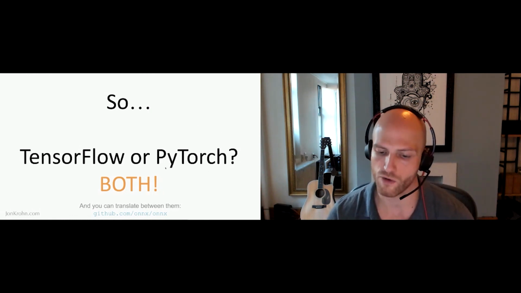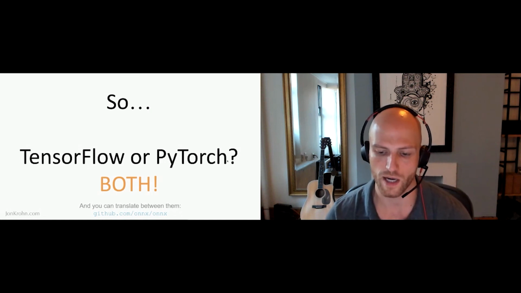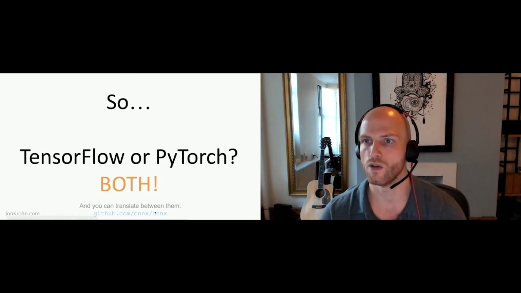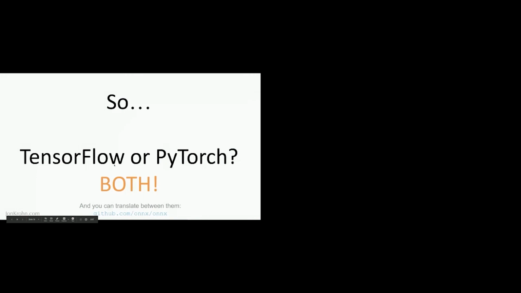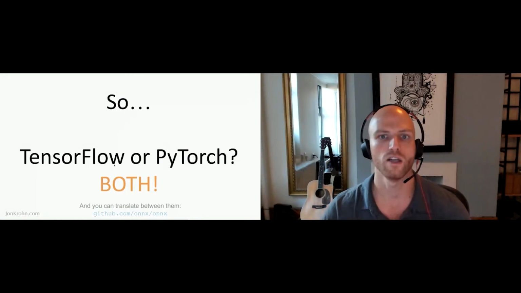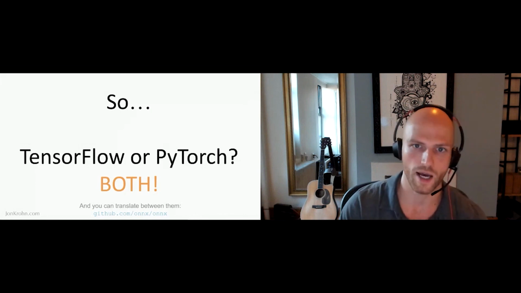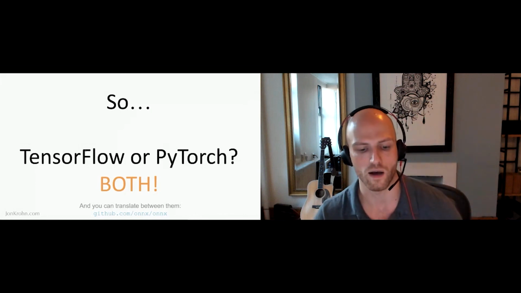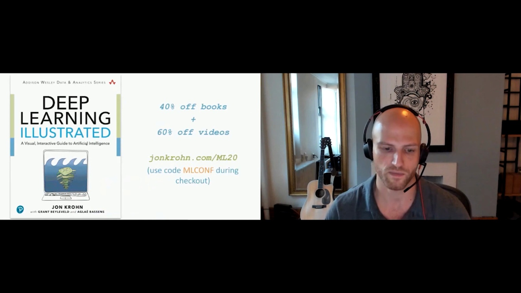Then you can be creating your models, having a lot of fun doing that in Jupyter Notebooks with PyTorch. Use the ONNX library to translate to TensorFlow perhaps for your production deployments so that you can take advantage of all the serving, TensorFlow.js, and TensorFlow Lite modules that TensorFlow offers.